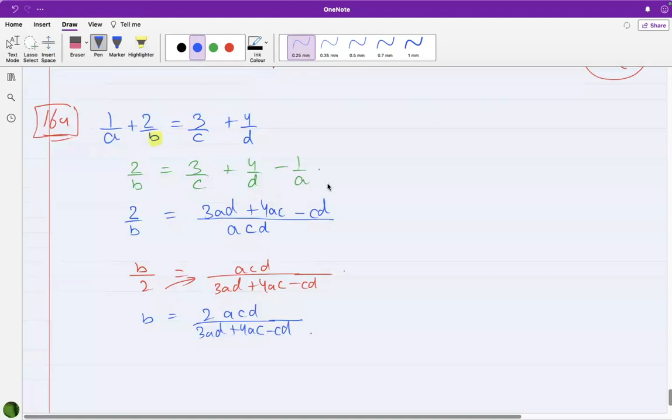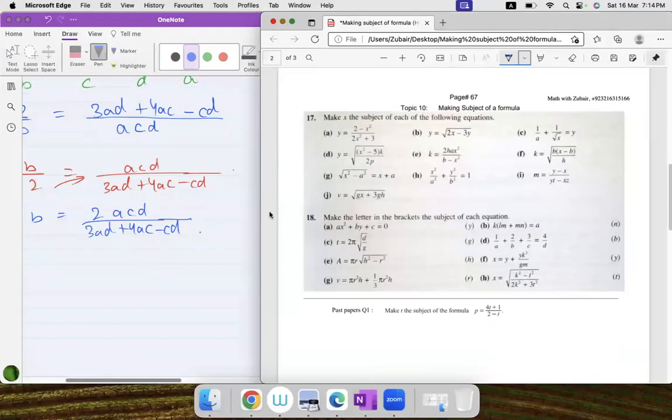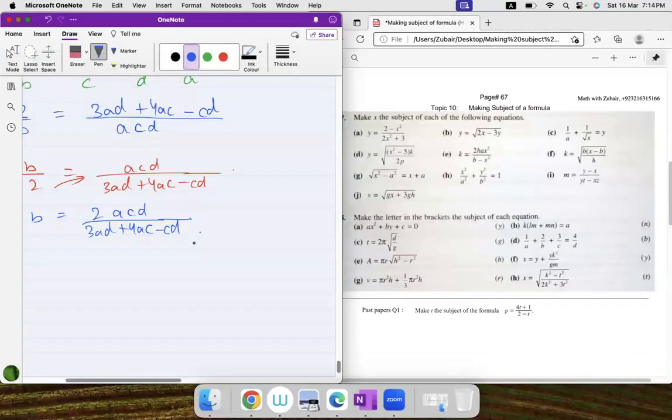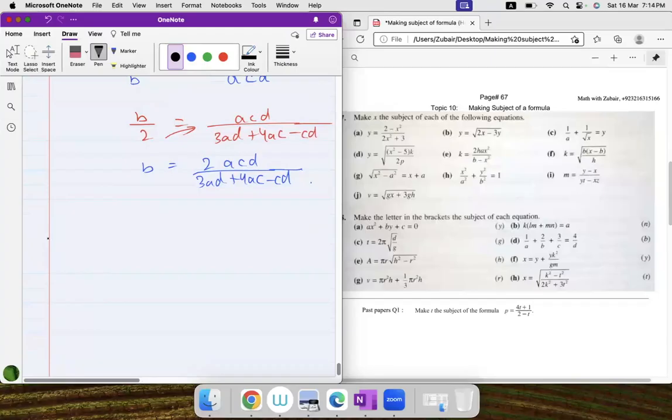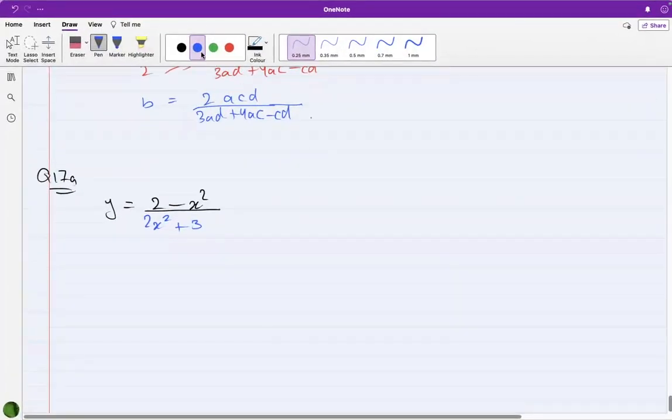17a. Make x the subject of each of the following. Okay, this is the question, and we are making x the subject.